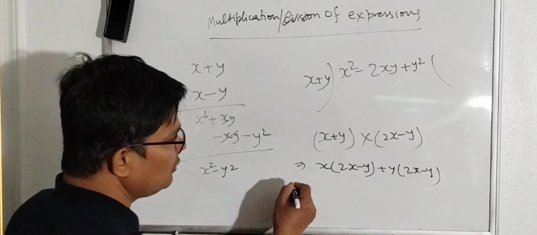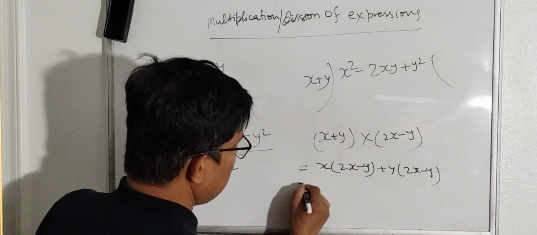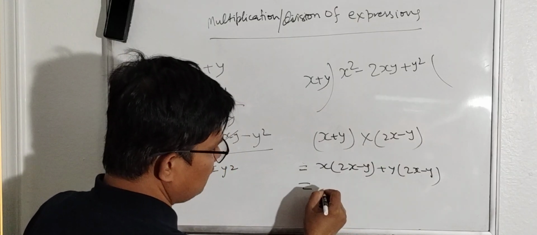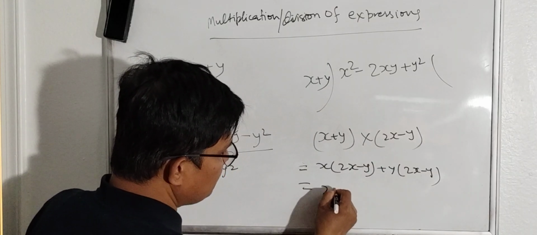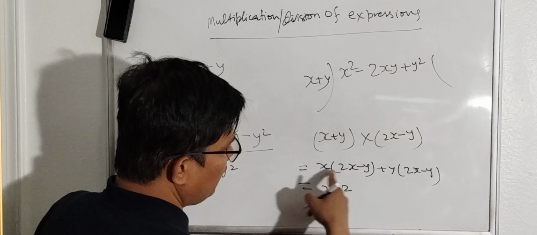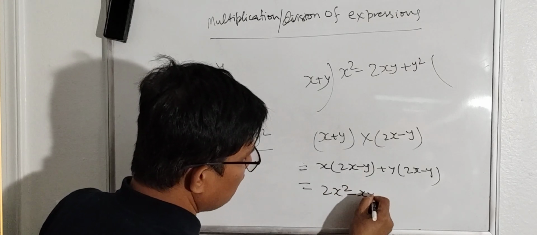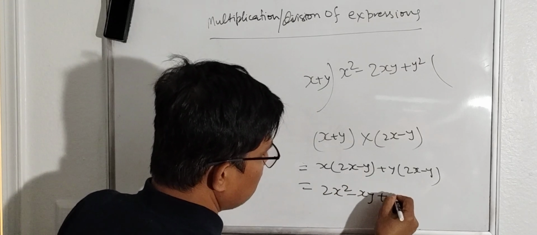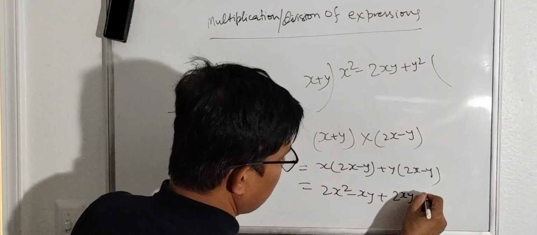Now multiply x to this. So this will be 2, x times x is x squared, and x times y is xy, and here 2xy minus y squared.